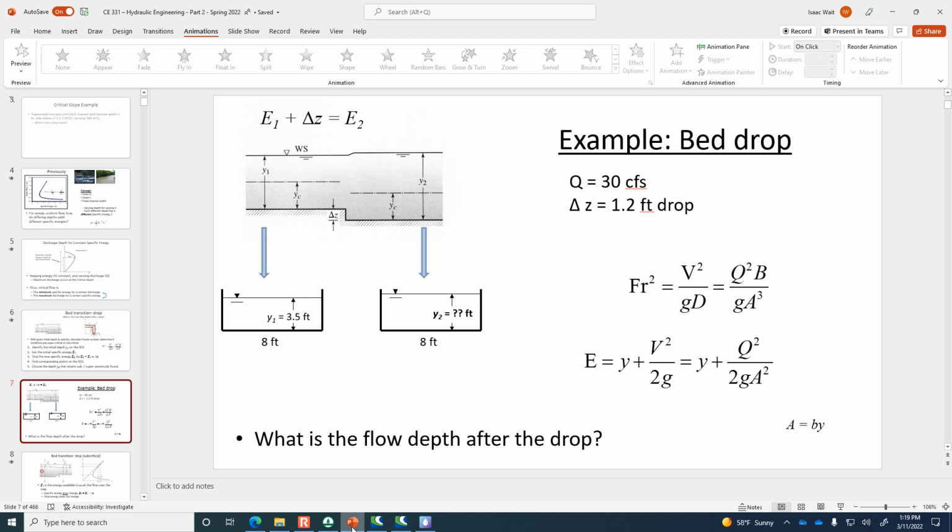And then we've got the 3.5 foot depth. So E1 is 3.5 feet plus that, 3.5178 feet. Okay, so that's how much energy there is at 1. The energy at 2, E2, is going to be E1 plus the delta Z, because it's a step down, it's getting more energy.